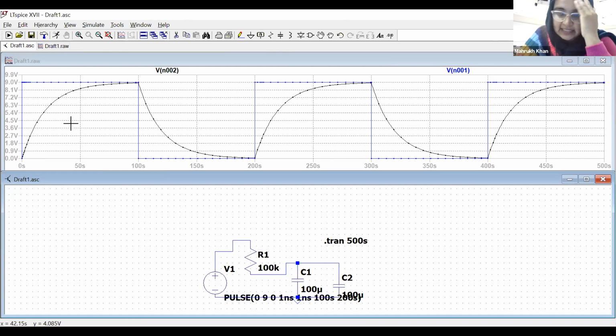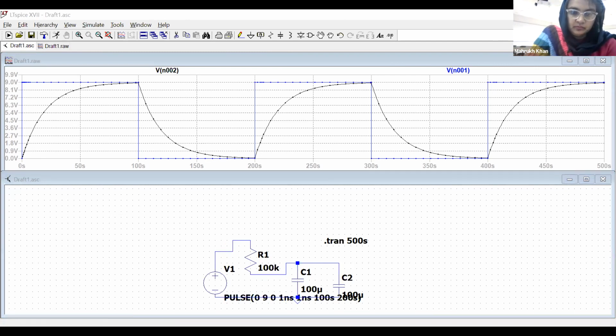So RC is the time when it should reach 63% of its value, okay? So 63% of 9 volts is what? Sam, what is 63% of 9 volts? It's 5.67. So you should see 5.67 around 20 seconds.